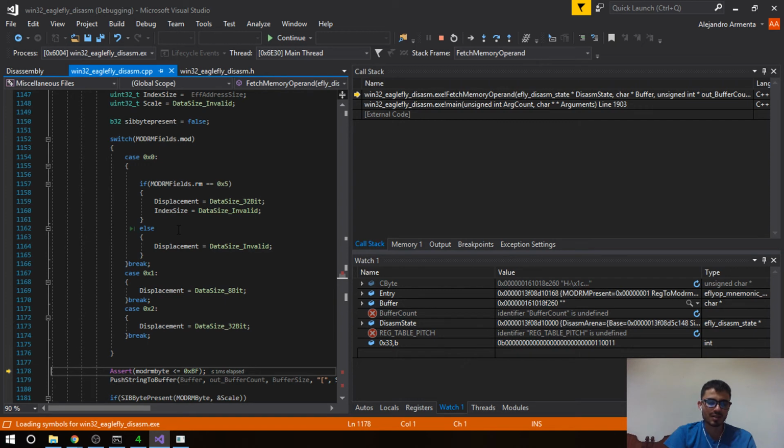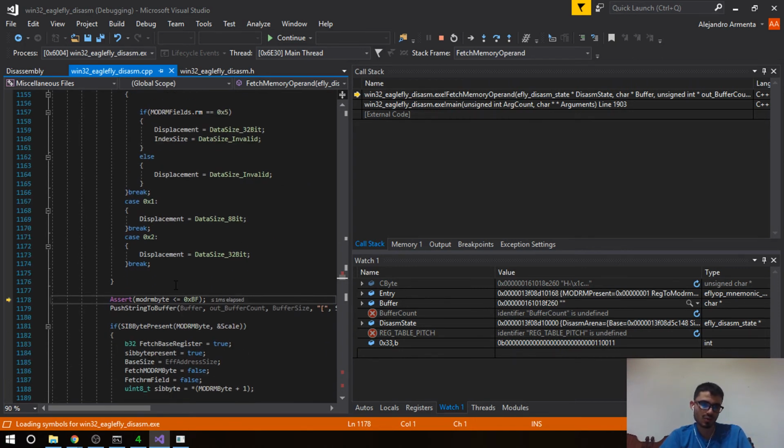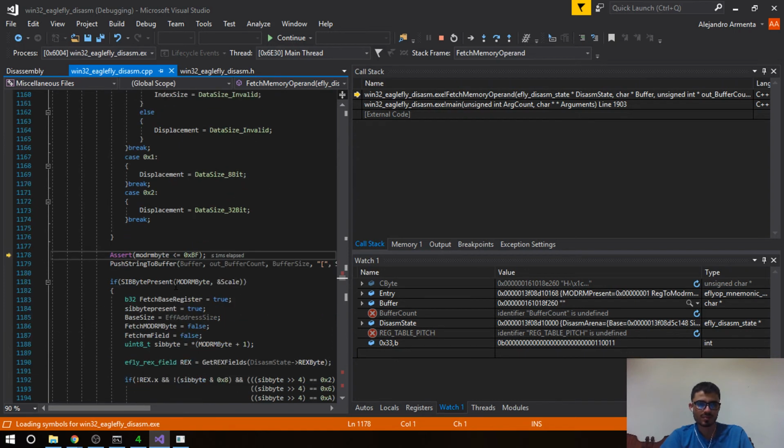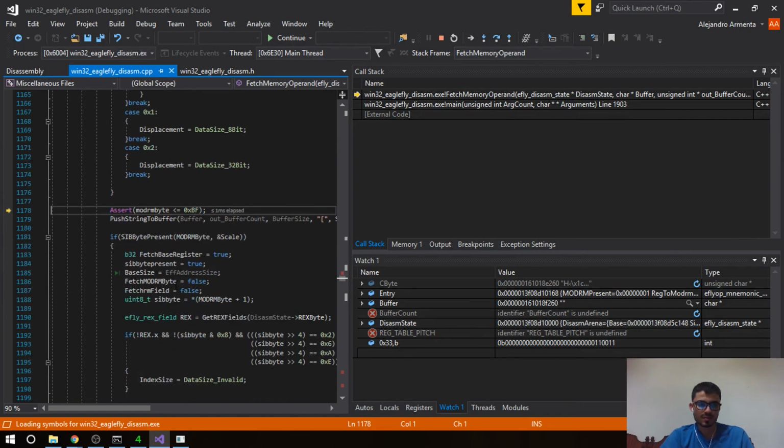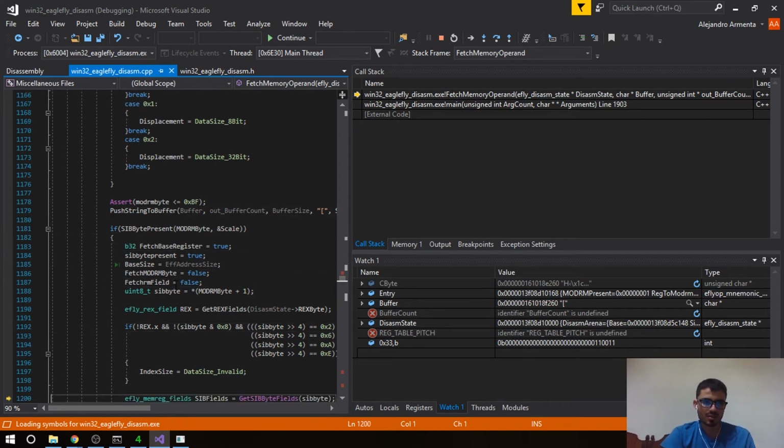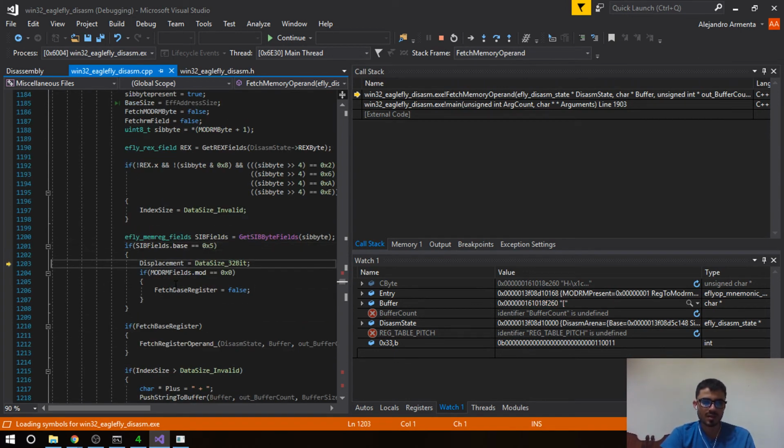We got an invalid thing there because RM is not 5, it's 4. And then here it's just the same idea. We have 5 there and we don't fetch it. That's good.